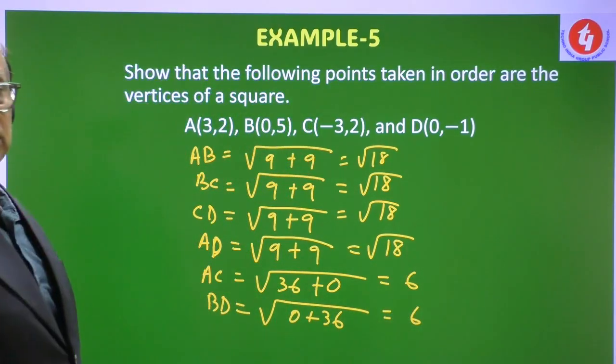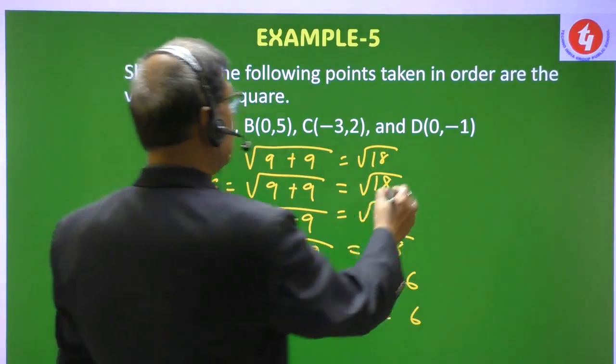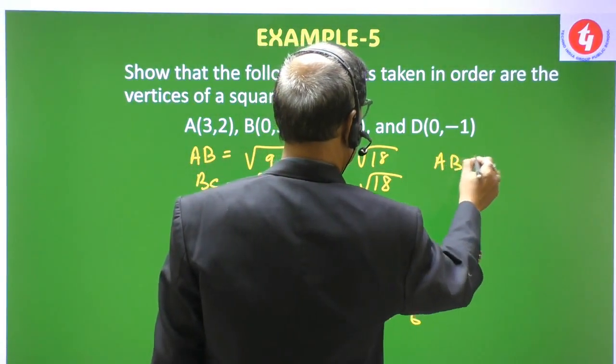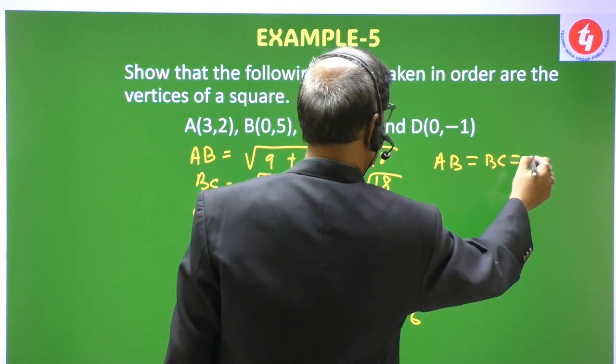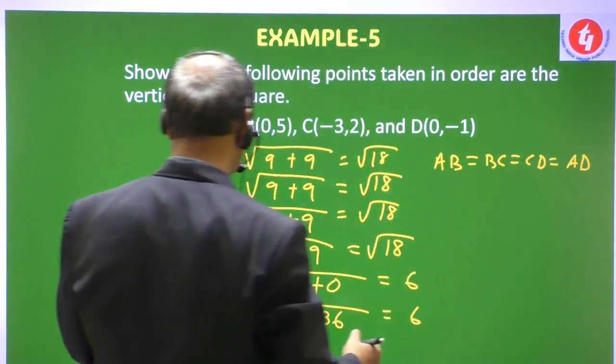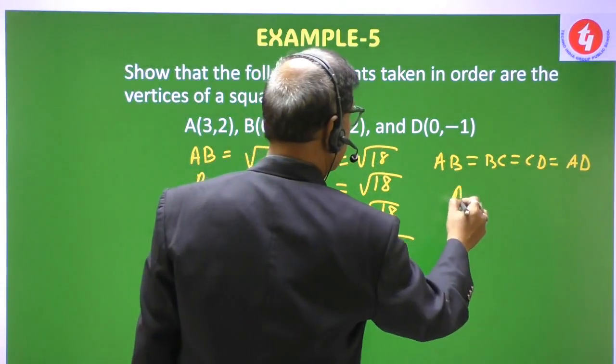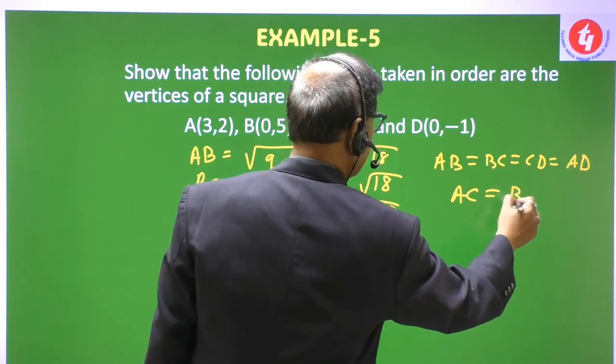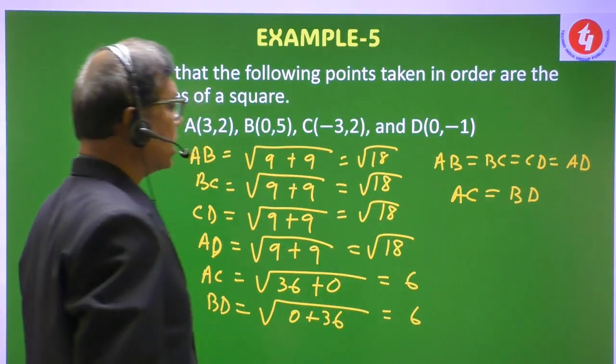So what is your observation here? All sides are equal, that means AB equals BC equals CD equals AD, and also we are seeing diagonals AC and BD, they are also equal.